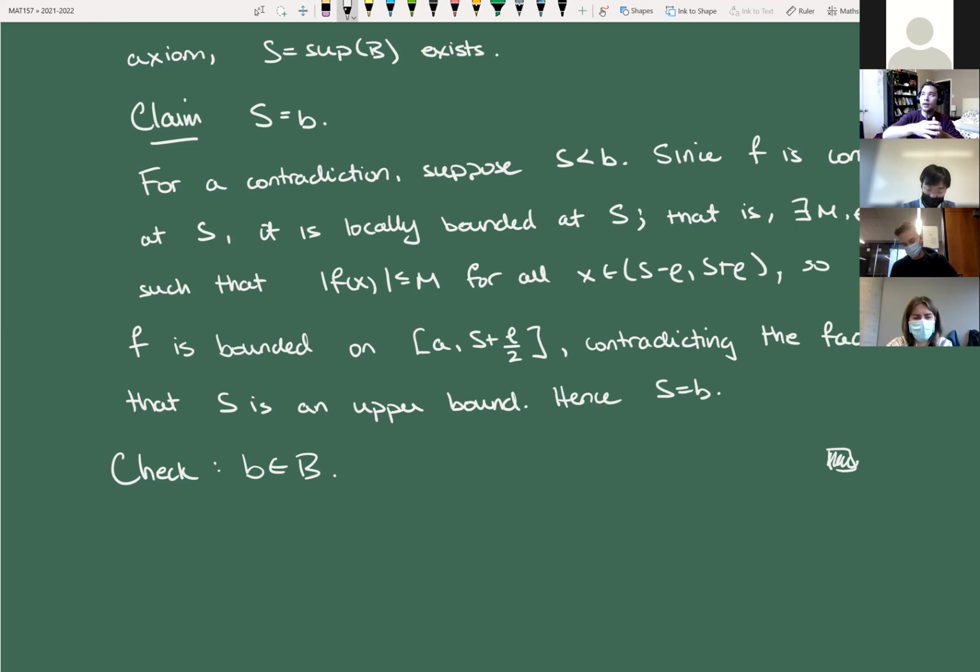The fact that the supremum is equal to B is nice and all, but it doesn't tell us that it's bounded all the way up to B, just that it's bounded on any closed interval up to, but not necessarily including B. So we just want to show that little b is in B in order to guarantee it. But it's the exact same sort of proof. You're continuous at little b, therefore you're locally bounded there. Therefore, you're done.